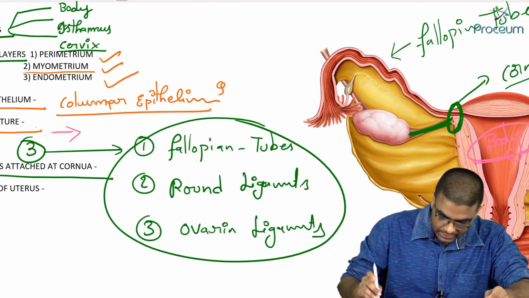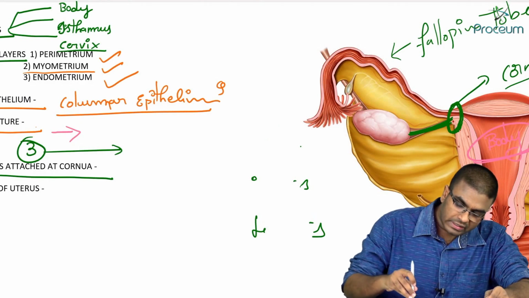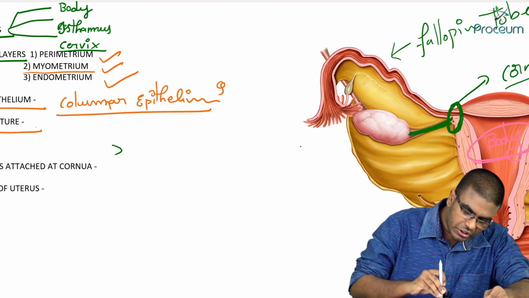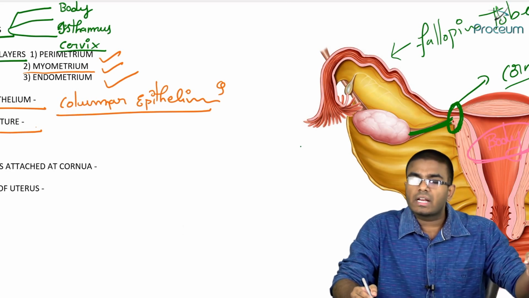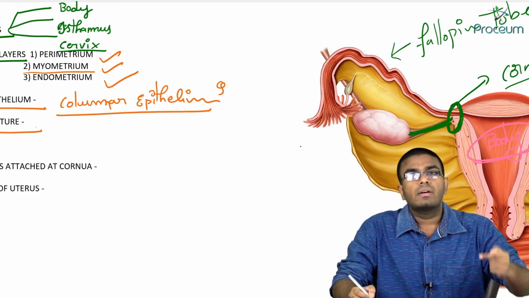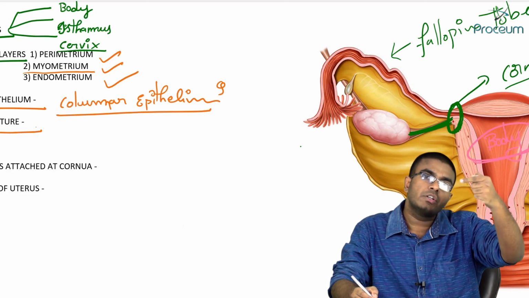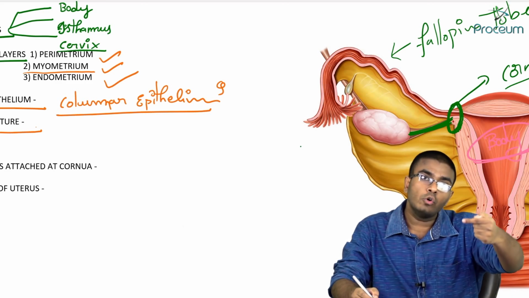But you need to also know the relations. At the region of the cornua, the fallopian tube, round ligament and ovarian ligament are attaching, but in the exam they will ask you the order of these structures from anterior to posterior.